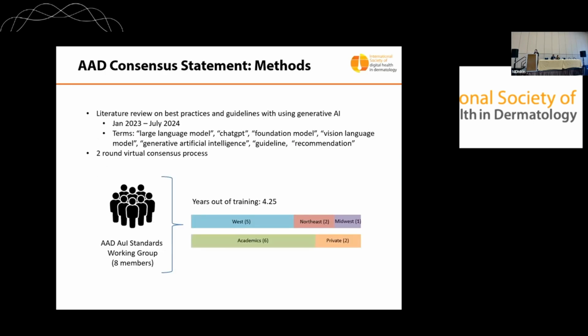As a part of the AAD Augmented Intelligence Standards Working Group, we were working on creating a consensus statement on best practices of using Gen AI in your clinics that we'll be touching more on in the next talk. Essentially, we conducted a brief lit review on current guidelines on Gen AI, and we went through a 2-round virtual consensus process of 8 members of this working group with a variety of training backgrounds and from a variety of perspectives.